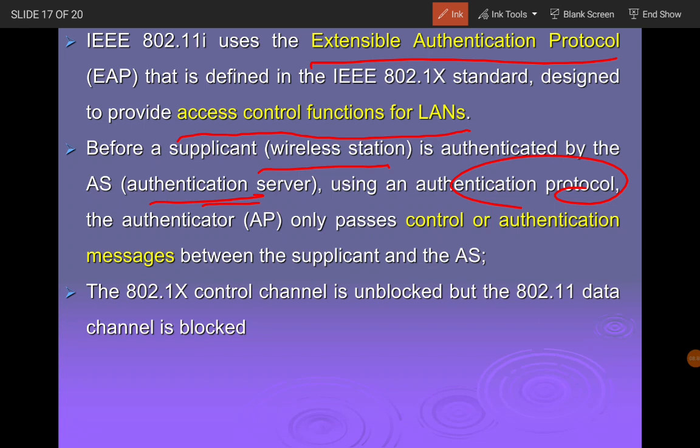Once authentication is successful, the authenticator, that is the AP, only passes control or authentication messages between the supplicant and the AS. If the authentication is not completed, it does not allow the supplicant to transfer the data.